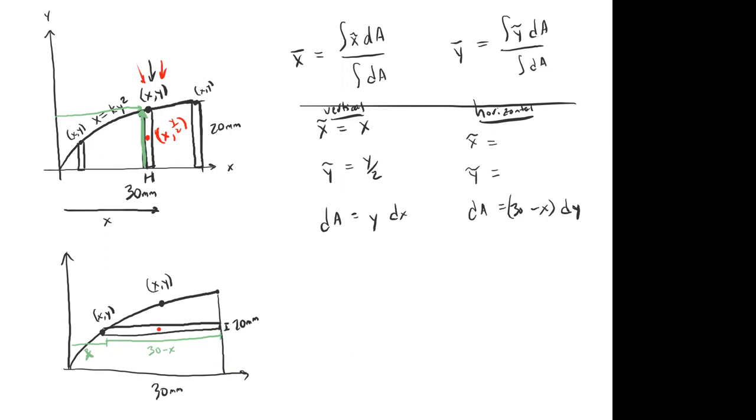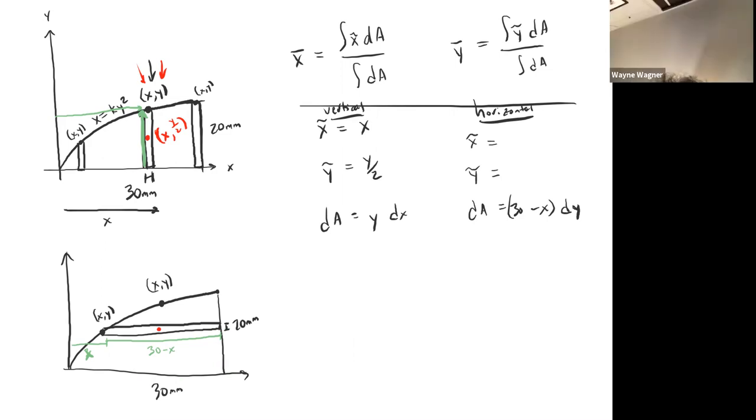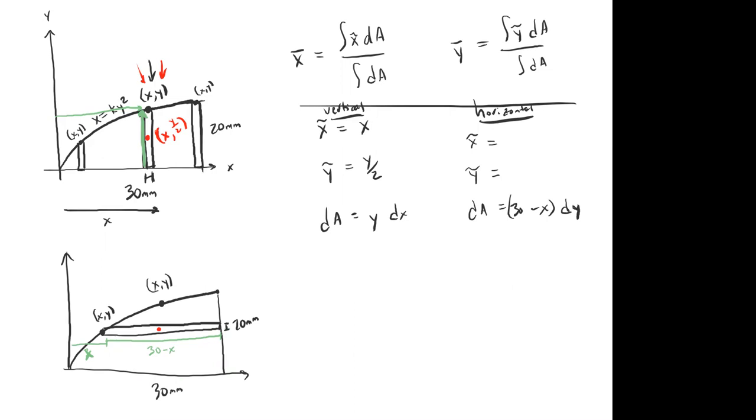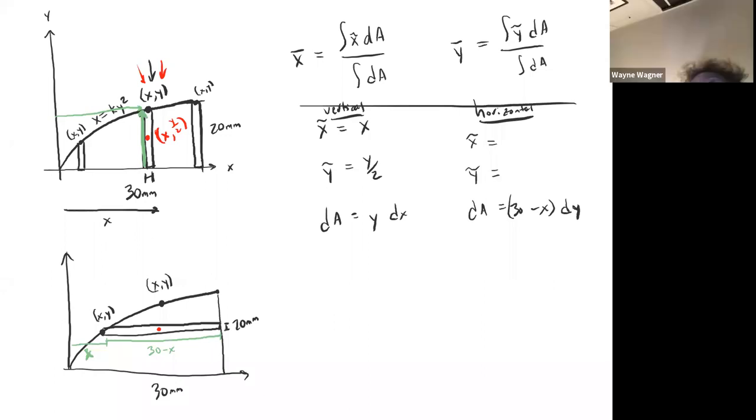Is it 20 minus y? Well, no, you're asking for x bar. Never mind. So the X bar, and this kind of goes back to what Hannah just said, is basically going to be X right here plus this thing divided by 2.